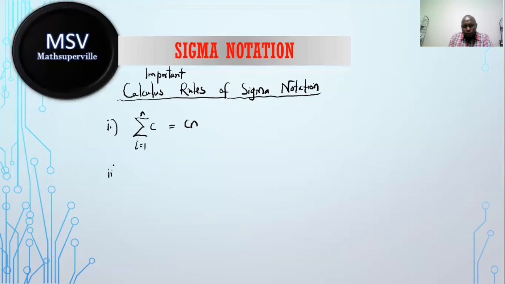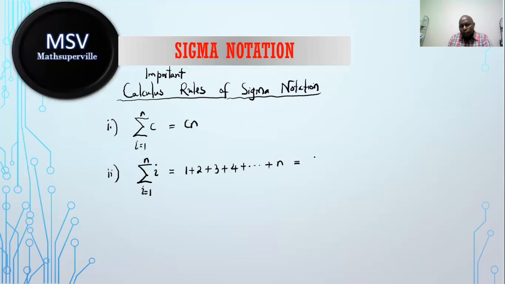The second rule is the sum of i. So if you're summing up numbers, in this case, going through the iteration from i equals 1 to n, with the lower index of summation as 1 and upper index of summation as n, then you end up adding 1 plus 2 plus 3 plus 4 plus, and you continue all the way to n.